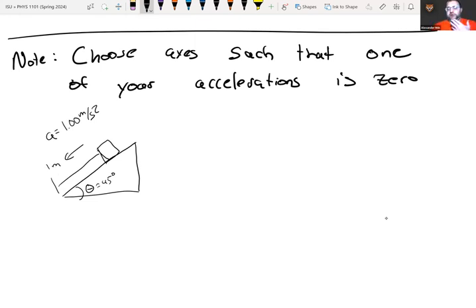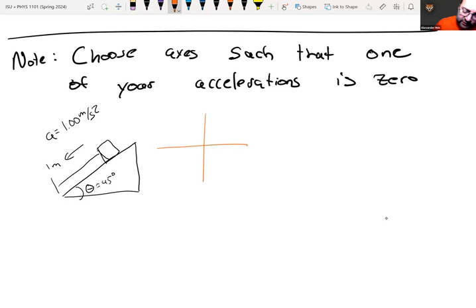Now, you might be able to see that you can boil this down into a 1D kinematics problem. But here's the thing: don't be tempted to set up your XY like this.